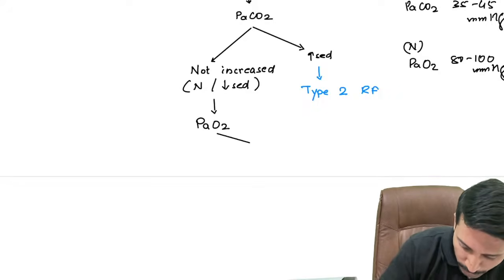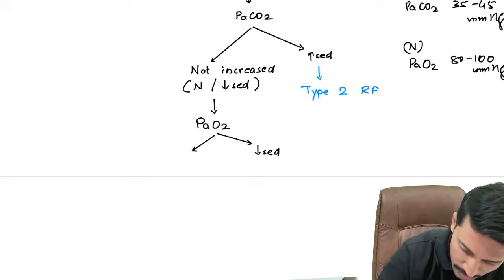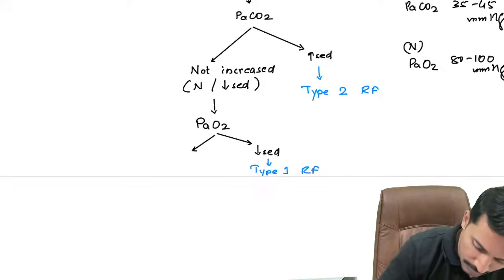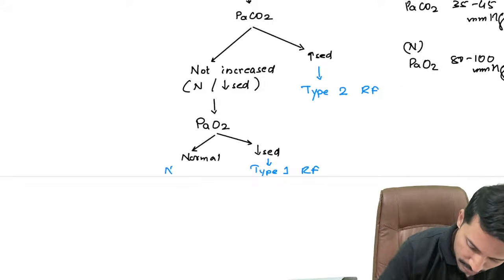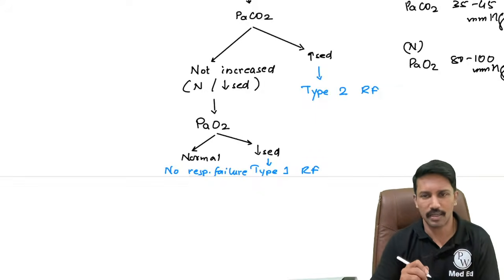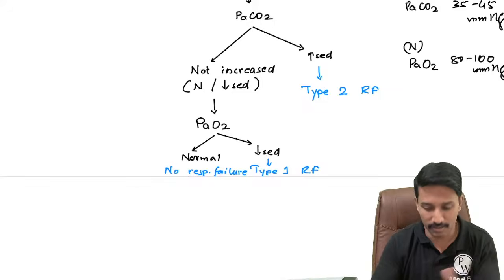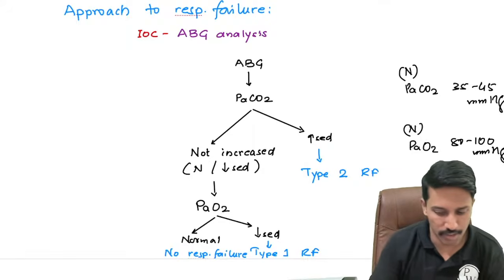If the partial pressure of oxygen is low, decreased, then you can make a diagnosis of type 1 respiratory failure. And if that is also normal, then there is no respiratory failure. Just to make you remember this algorithm, I will take a mathematical example, to give a little bit of work to our brain so that we are able to replicate this algorithm in the examination hall.